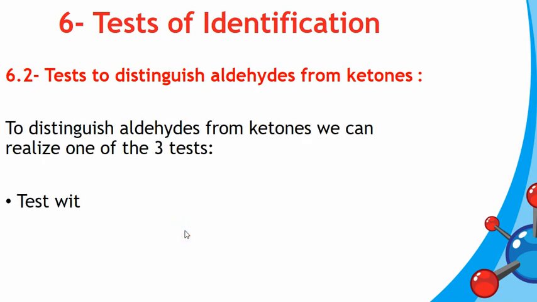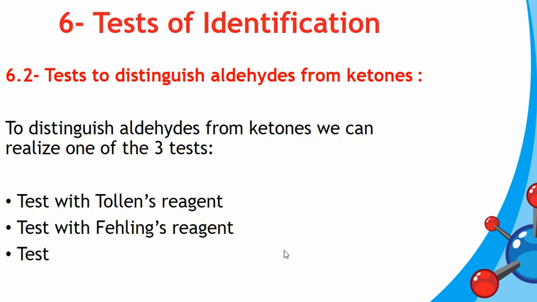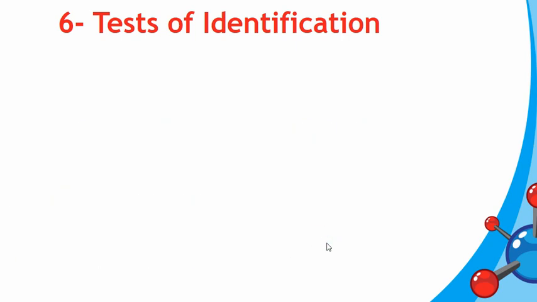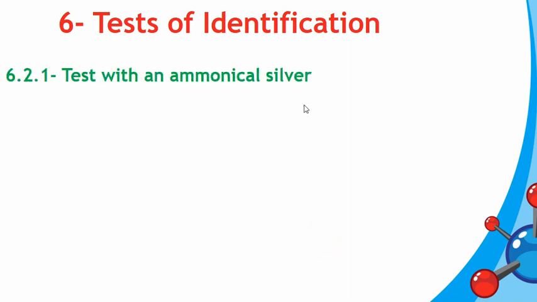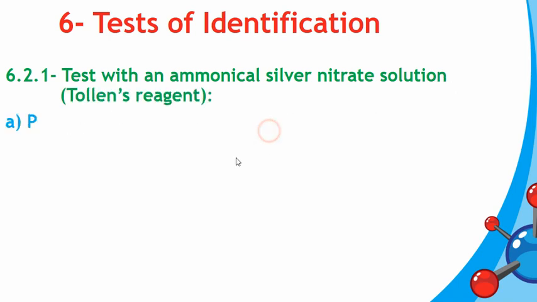We have three tests. Test with Tollens reagent, test with Fehling reagent, and test with Schiff reagent. First, test with ammoniacal silver nitrate solution, which is called Tollens' reagent.